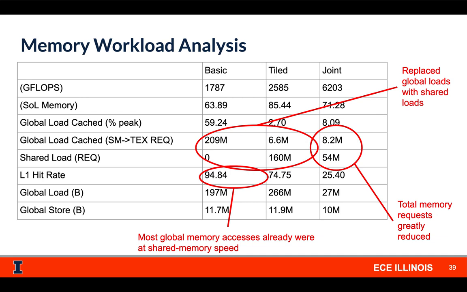So essentially, most of our global memory accesses are already happening at the same speed as shared memory before we even use shared memory. This is especially true in Volta and up. The memory controllers and caches have gotten a lot more sophisticated, and so you'll tend to see less benefit of using shared memory in these architectures than you would have in some of the older architectures when this course was designed.